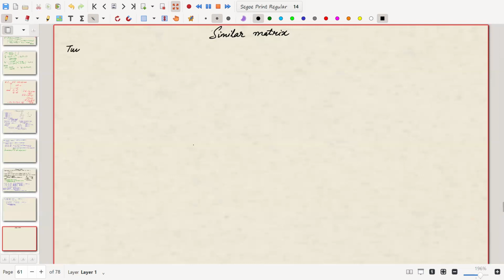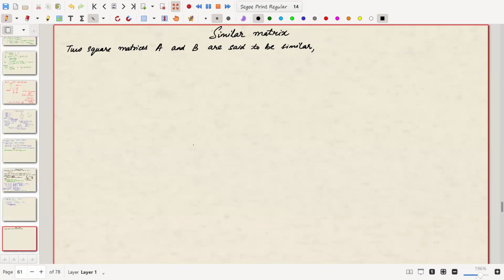Two square matrices A and B are said to be similar if something happens. And what is that something? They will also have the same eigenvalues.